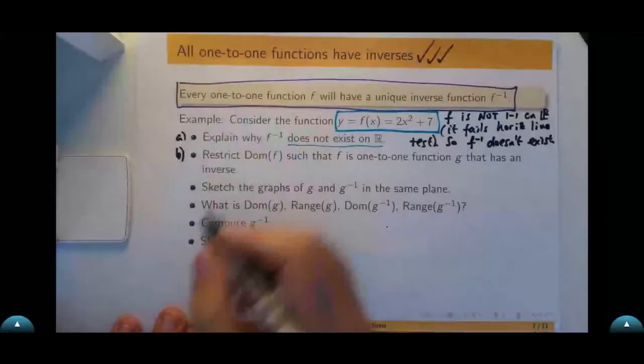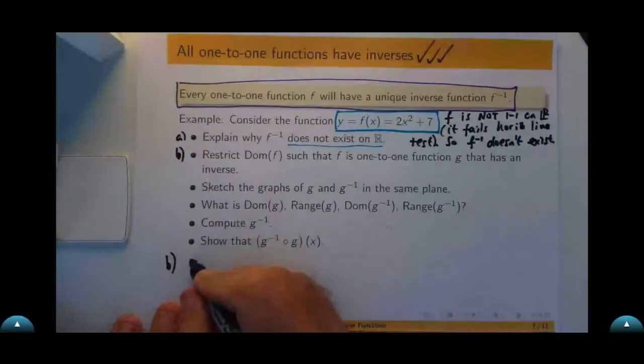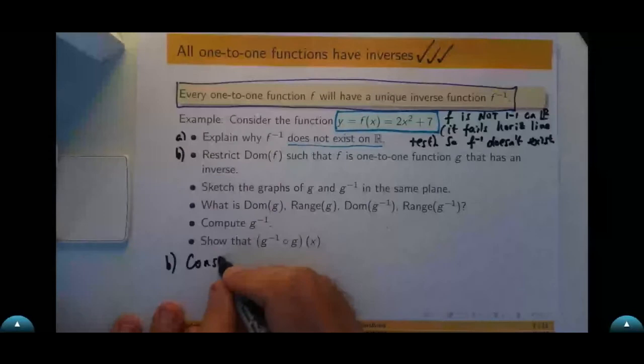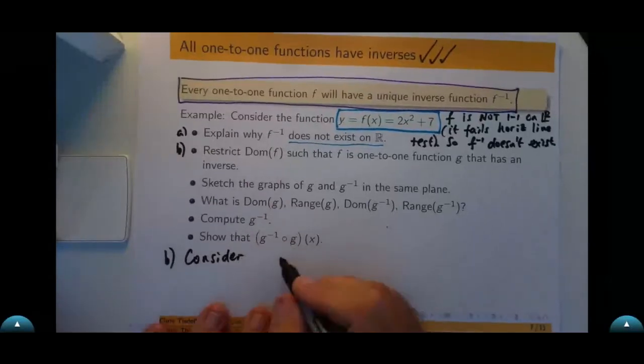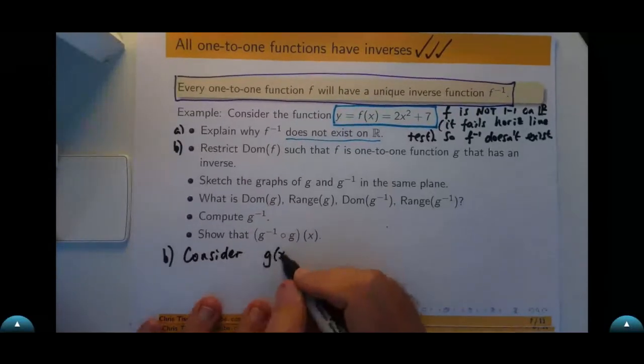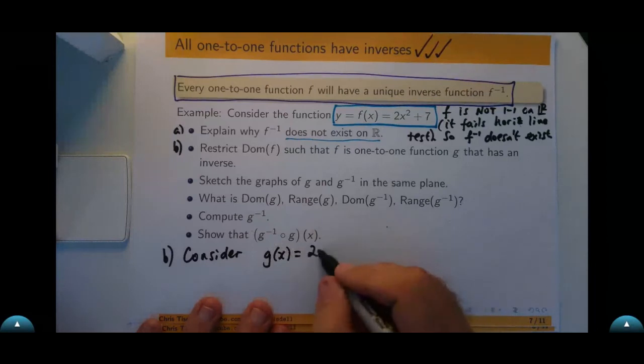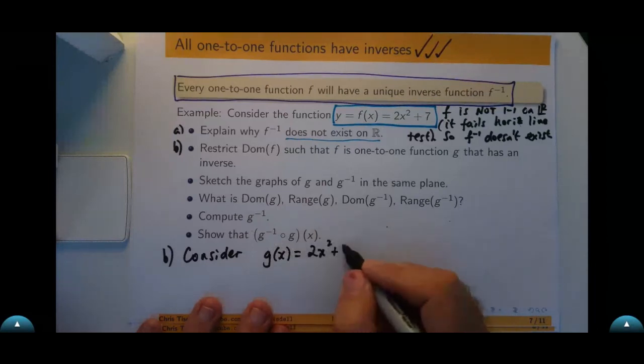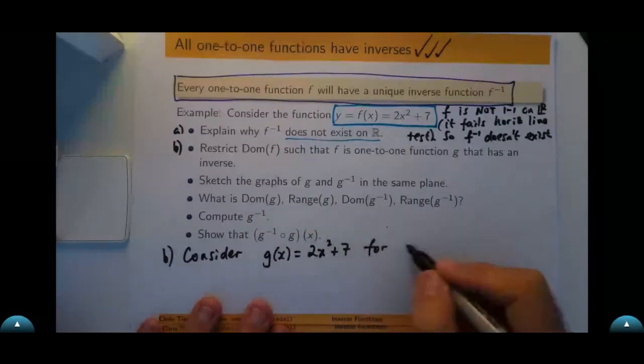Okay, so for part B of this question, that could be A and B. So I'm going to define this to be my function.